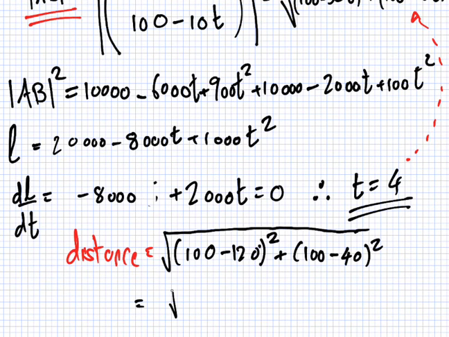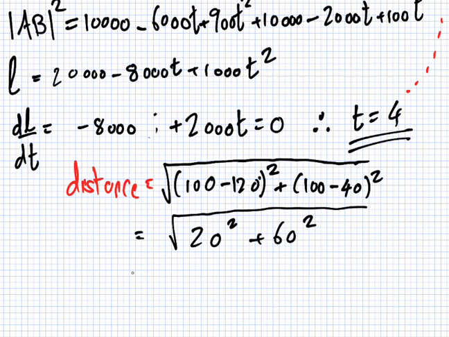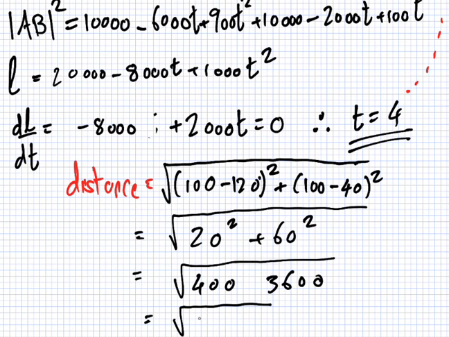So that would equal square root of 20 squared, which is 400, and then 60 squared, which is 3600. That's square root 4000. I don't know what that is.